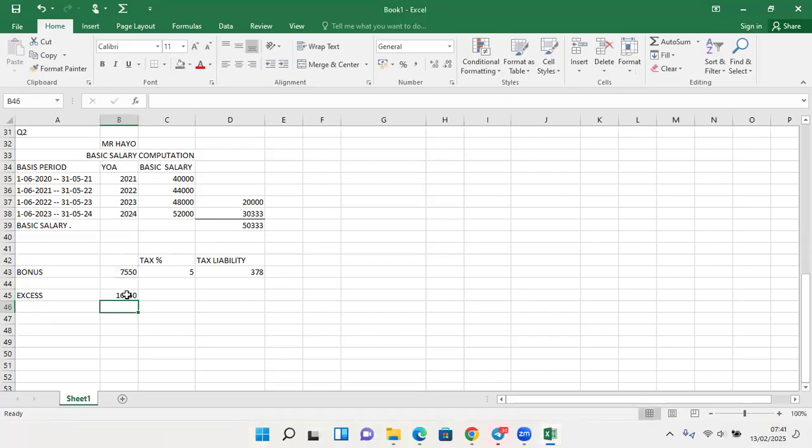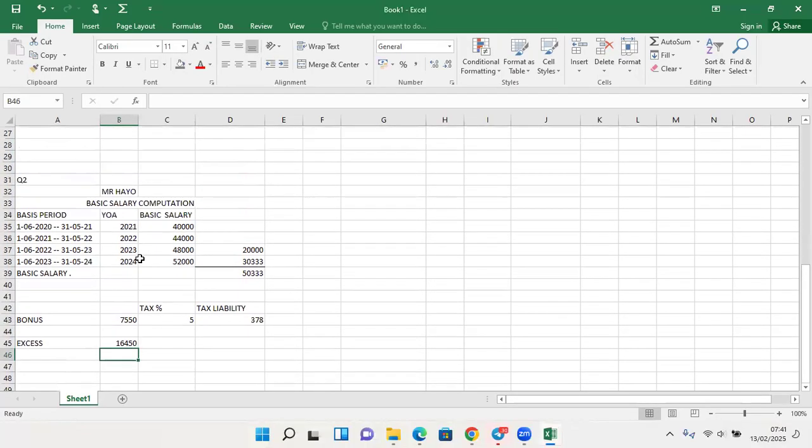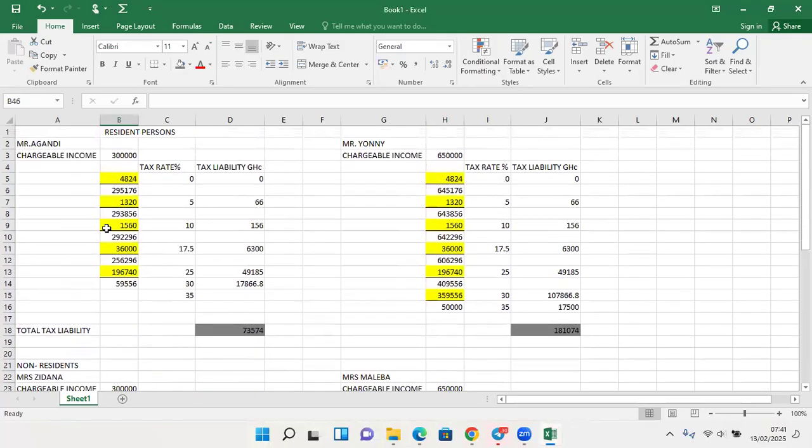And then this is the excess. So you are going to add the excess to it and then send it to the graduated tax schedule. So let's copy this here again.